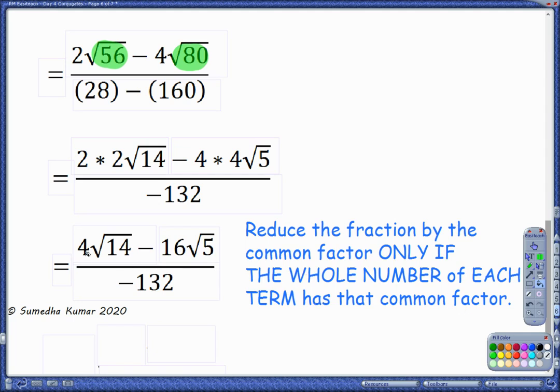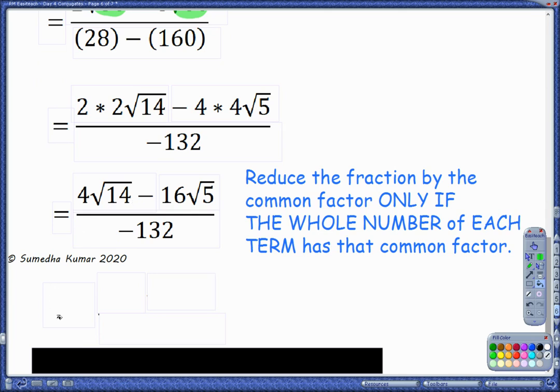And it turns out that the number 4 and 16 and 132 can all be reduced by the number 4, or they can be divided by the number 4. So instead of 4 radical 14, it's going to reduce by 4 and become just radical 14.